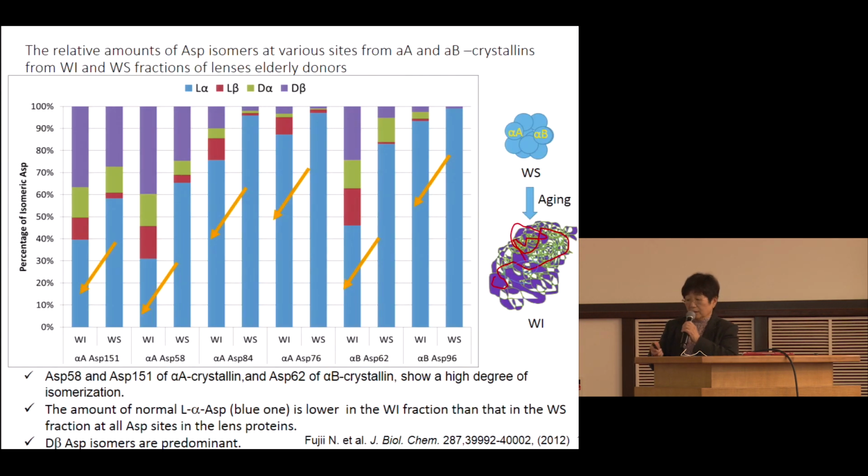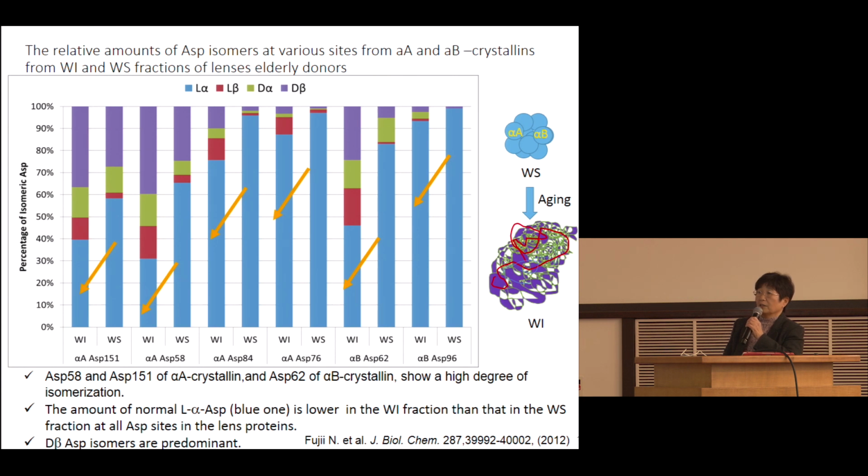And so this is a summary of the relative amounts of ASP isomers at various sites from alpha A and alpha B crystalline from water insoluble and water-soluble fractions of lenses of elderly donors.